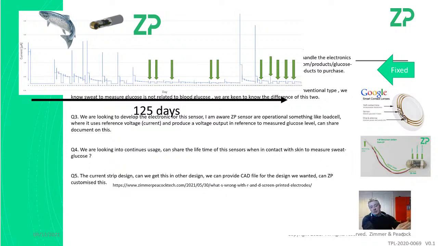I'm also going to put a link under this video later on. The problem with customization is, I have a page on our website called "What's Wrong with R&D Screen Printed Electrodes." It's probably worth Googling that term. The reason I bring it up is because whenever you do customization, it's always expensive, and because it's quite low volume, it doesn't have the quality that people actually want.